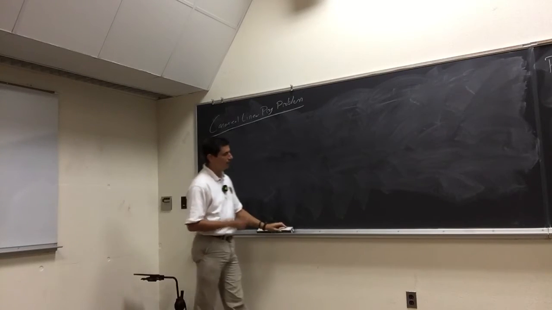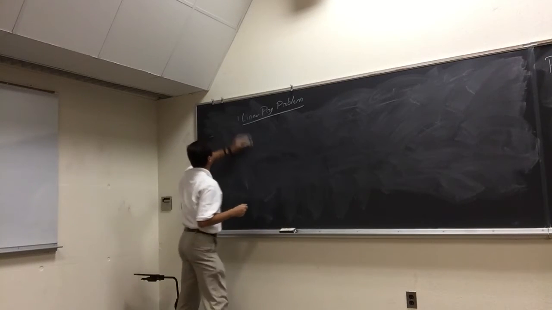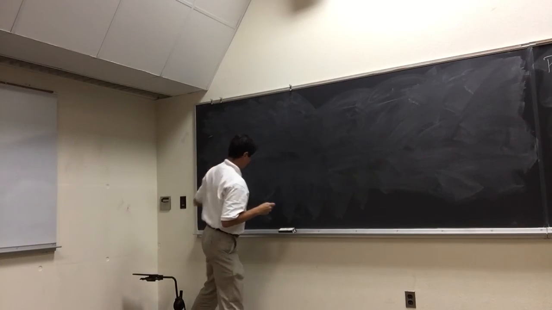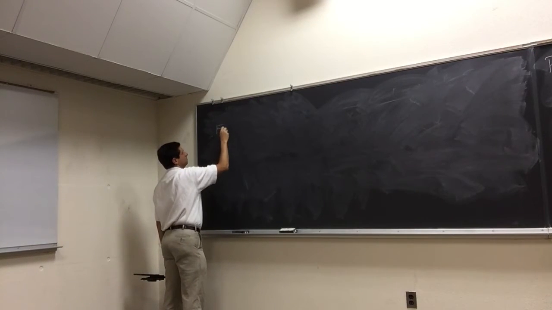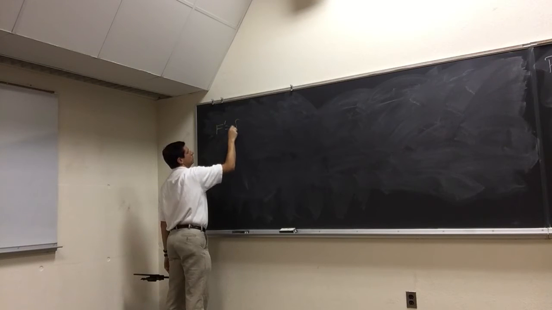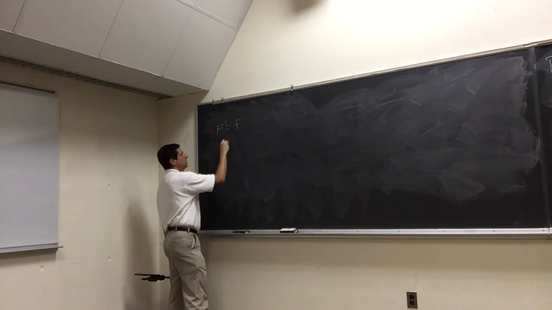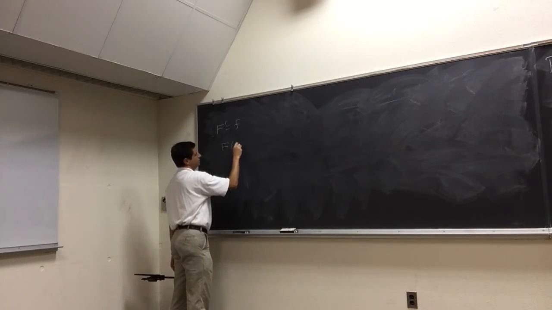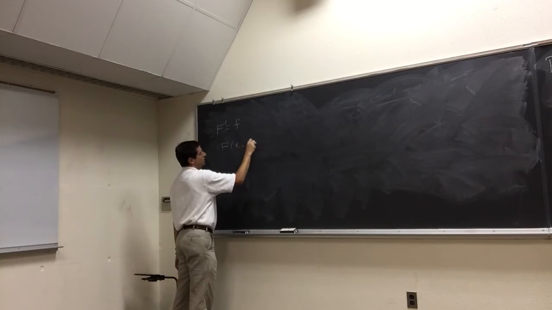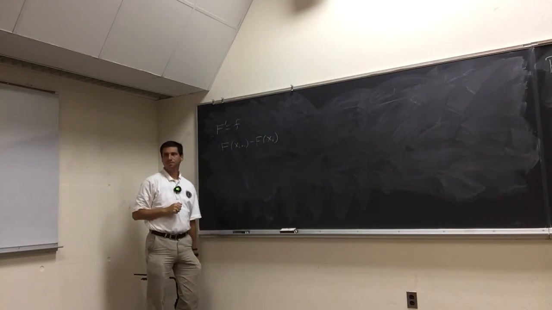So what I want to do now is somehow show that this is the antiderivative. So let's let big F prime equal little f. So it's some antiderivative. Let's look at big F of x_{i+1} minus big F of x_i.